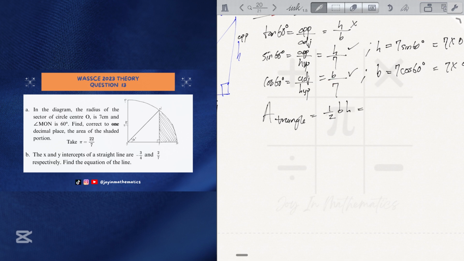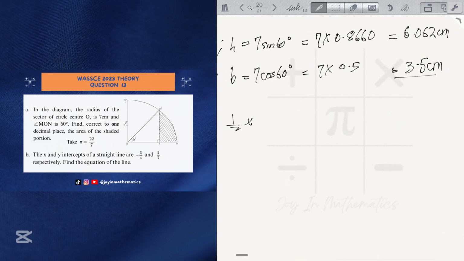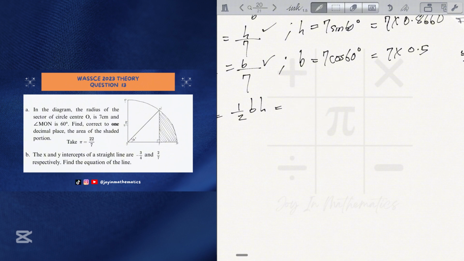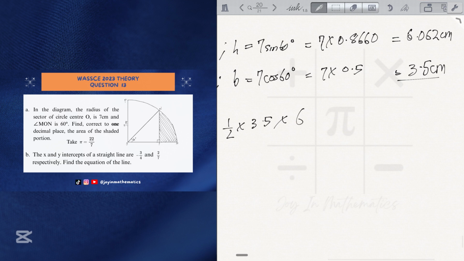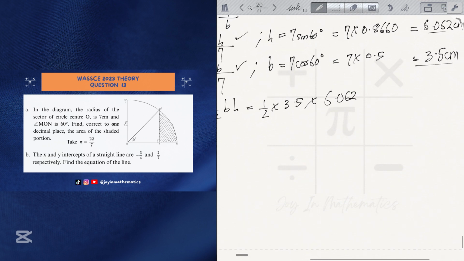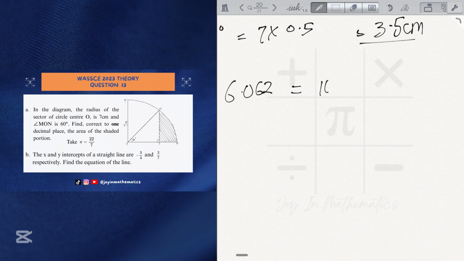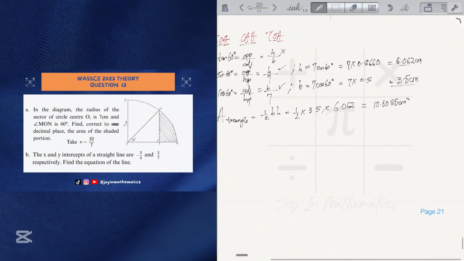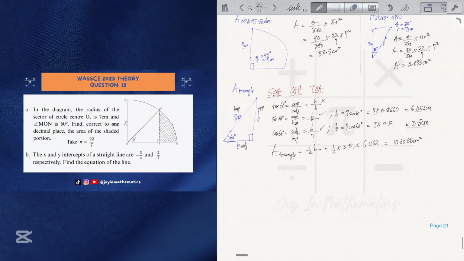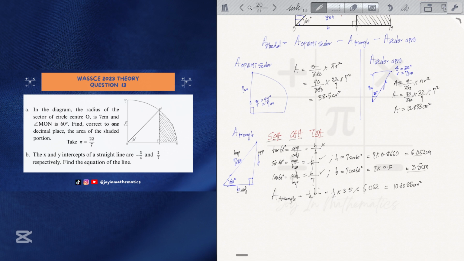So our base is 6.062 and our height is 3.5, as we have evaluated. 1 over 2 multiplied by 3.5 multiplied by 6.062, and if you multiply this out, we will have the area equal to 10.6085 centimeters squared.